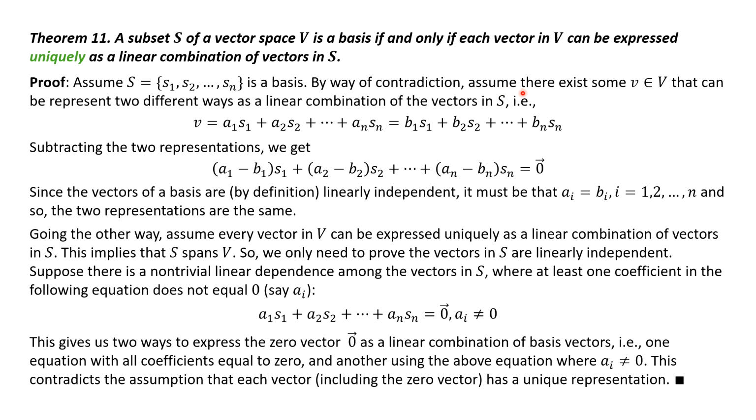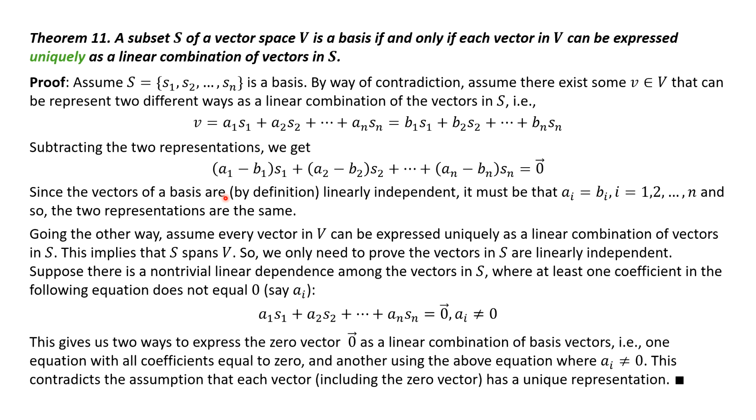By way of contradiction, assume there exists some v that can be represented 2 different ways as a linear combination of vectors in S. In other words, not uniquely. So we write v as this and then this. Subtracting the 2 expressions, we get (a1 - b1)s1 + (a2 - b2)s2 + ... + (an - bn)sn = 0.